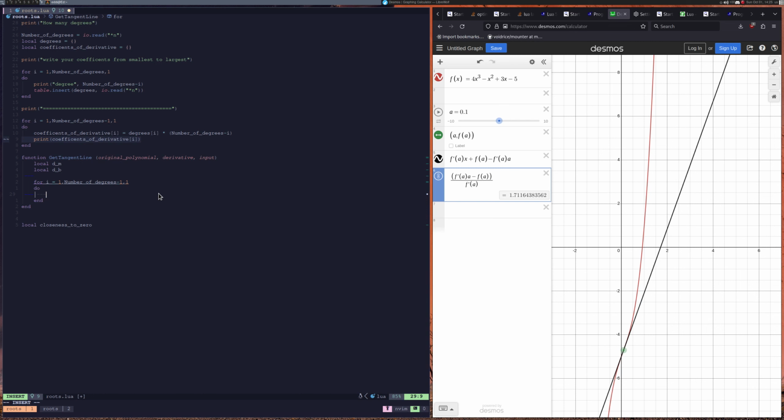Number of degrees minus 1. Alright. So it'd be number of degrees minus I think. Yeah. Okay, so let's see. d underscore m equals input times number of degrees minus 1.